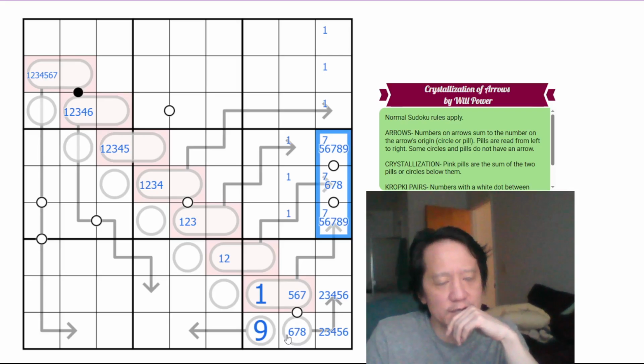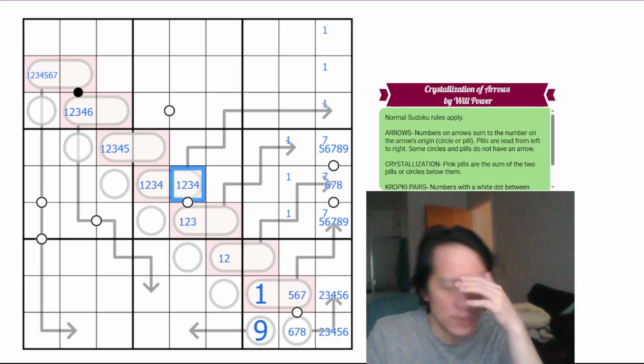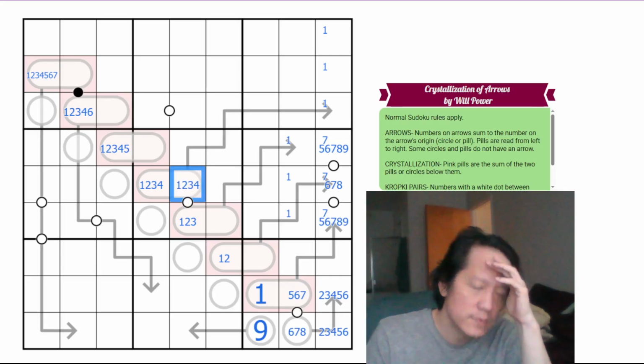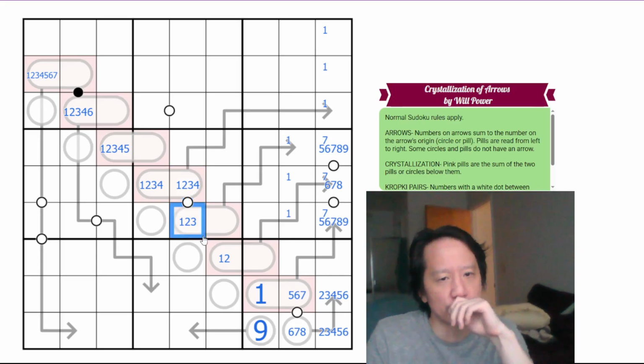What does that mean? I'm not sure. Okay, so this digit must be 1 through 4. Because it's consecutive with 1, 2, or 3.